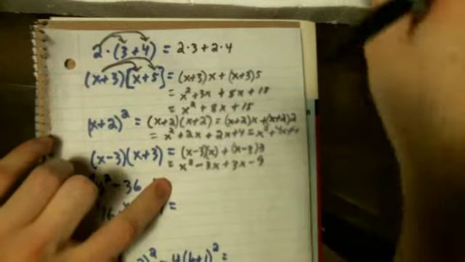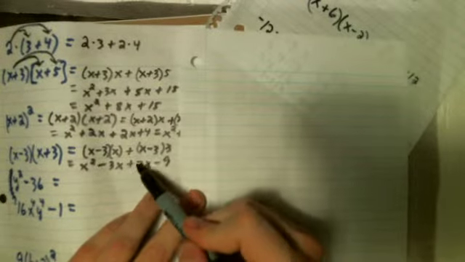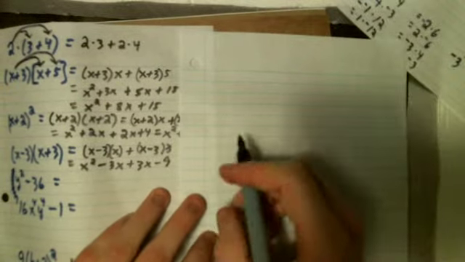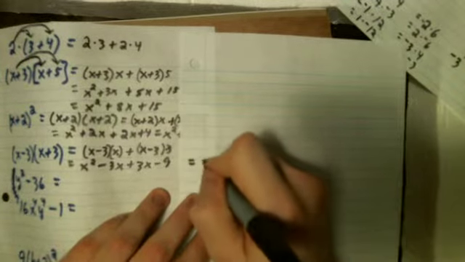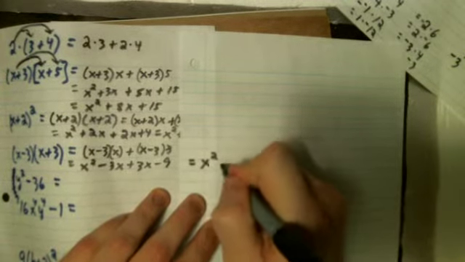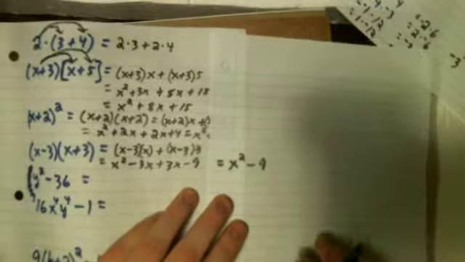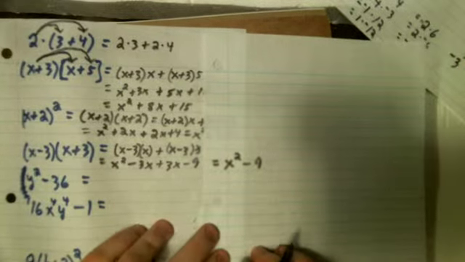And so once I simplify here and say that negative 3x plus 3x is 0 x's, I get x squared minus 9.